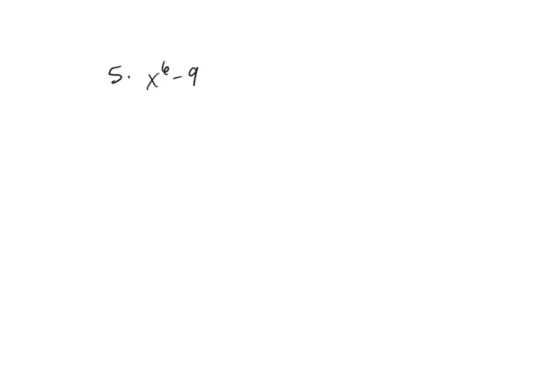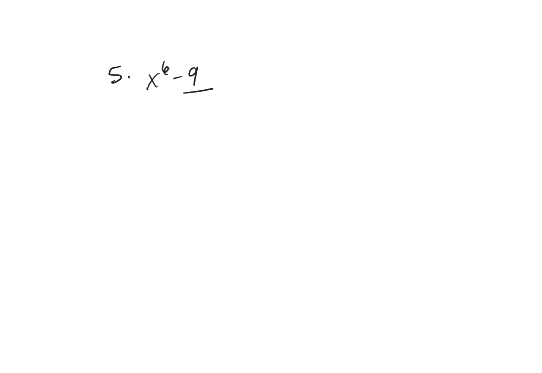To find a square root, you divide the exponent by 2. To find a cube root, you divide the exponent by 3. So x to the 6 does have a perfect square and also a perfect cube, but 9 does not. If you try to do the cube root of 9, you're not going to get an even number, but it does have a square root. So that's how you know that this is a difference of squares formula.